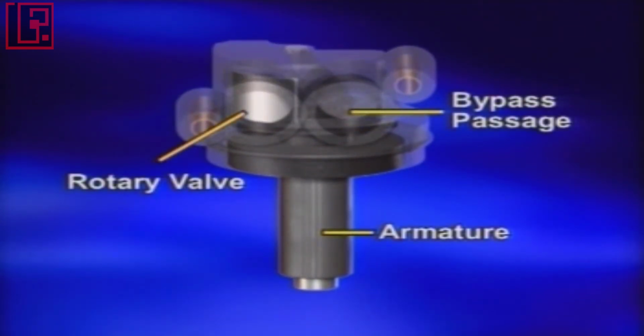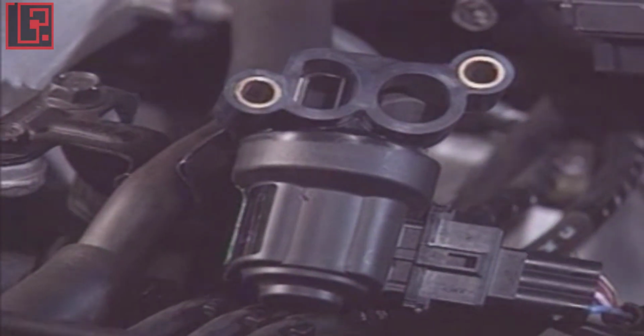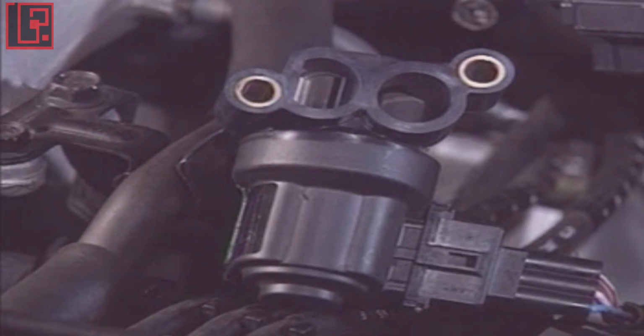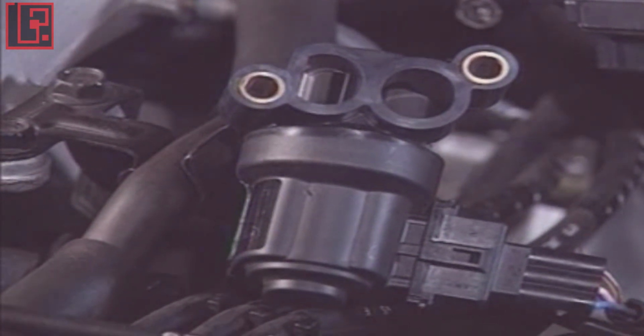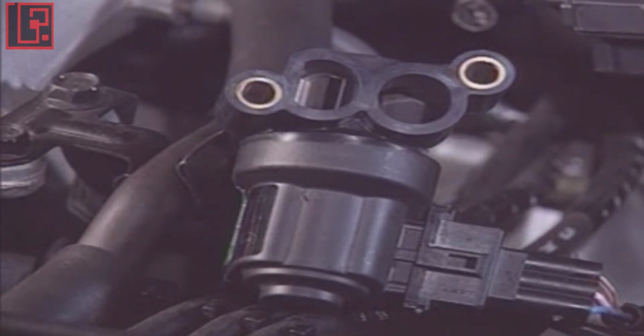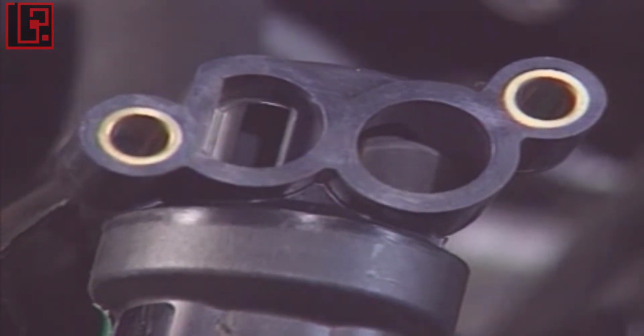Voltage is applied alternately to the rotary actuator's two winding coils and generates opposing forces on the pivoting armature. The rotary valve assumes the opening angle, which corresponds to the pulse duty factor of the applied signal. This means that the bypass opening can be adjusted by varying the pulse duty factor.